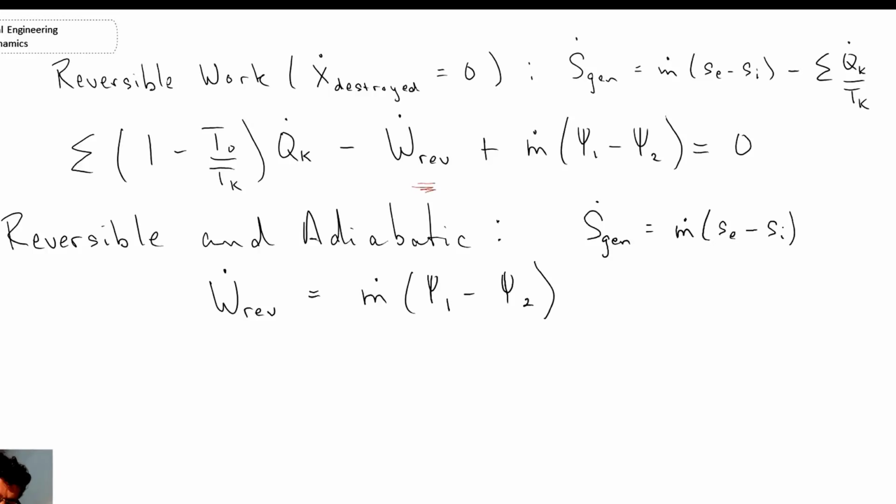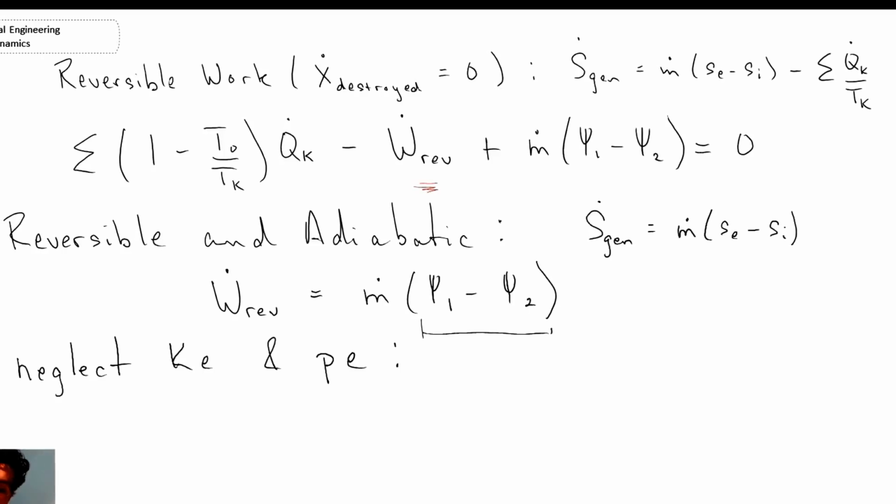If we further go and we neglect kinetic energy and potential energy, what we end up with is the following relation. And what I'm going to do here is I'm going to expand out the exergy change term that we have for an open system. Oops, sorry, the first one, that should be S1 minus S2.